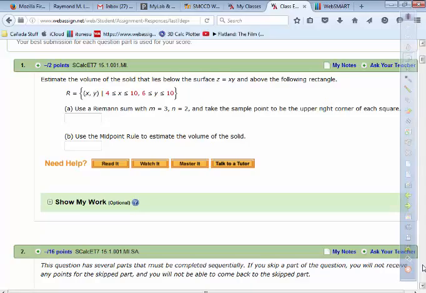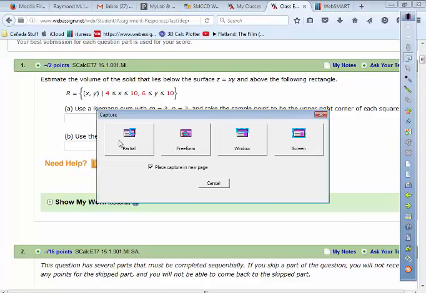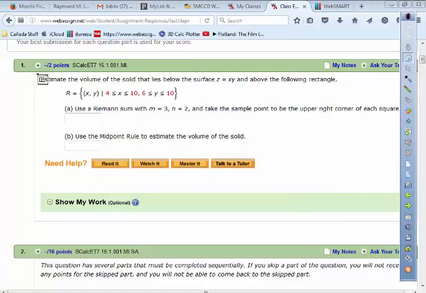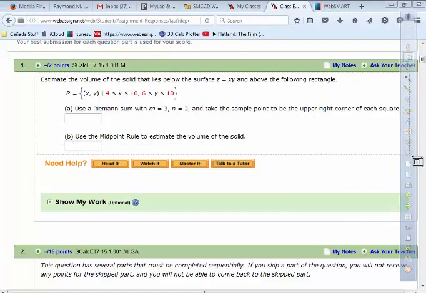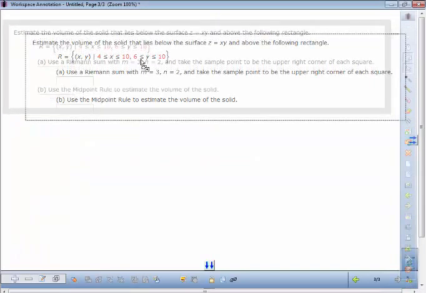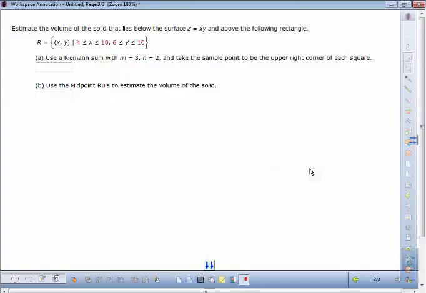But instead of calling left or right endpoint, I tell you there's more to it, so they have more options. So let's take a look at this first problem over here, where we're asked to estimate the volume, and let's see how to approach this particular problem.